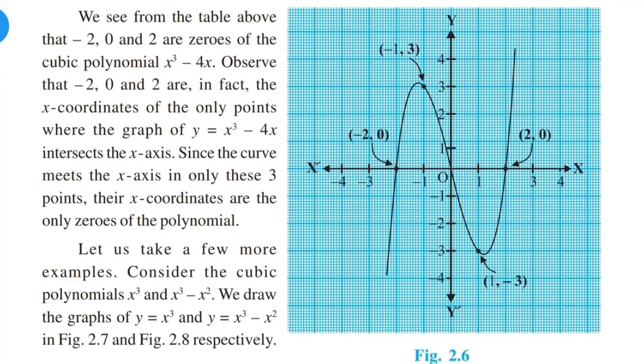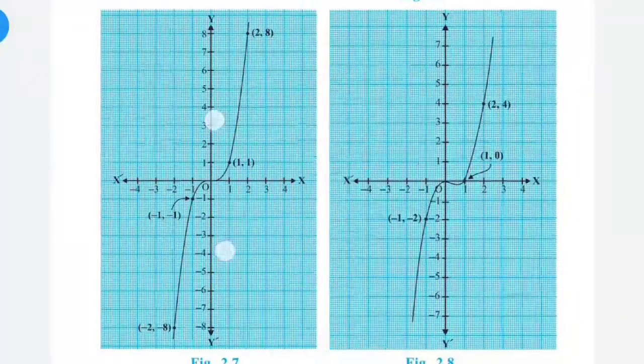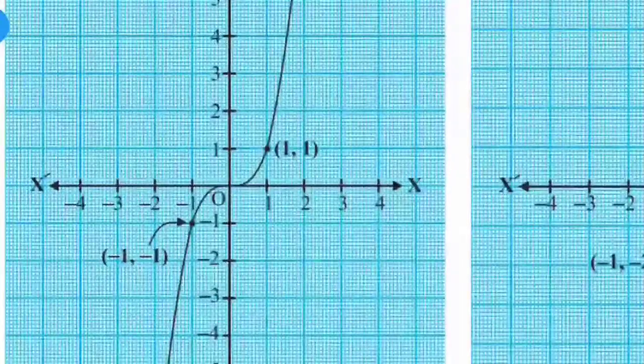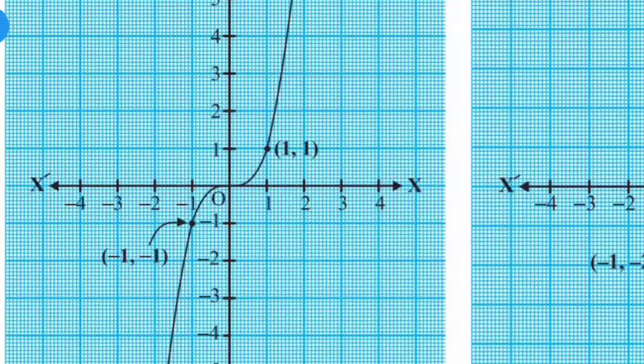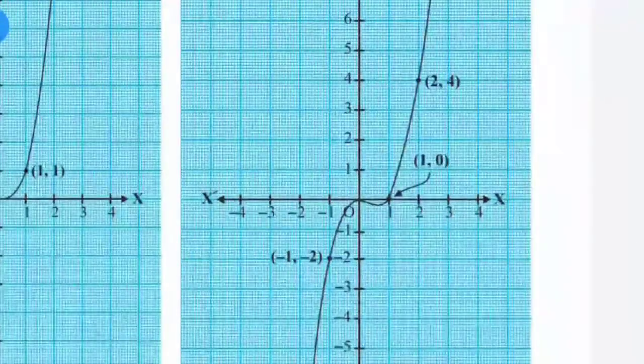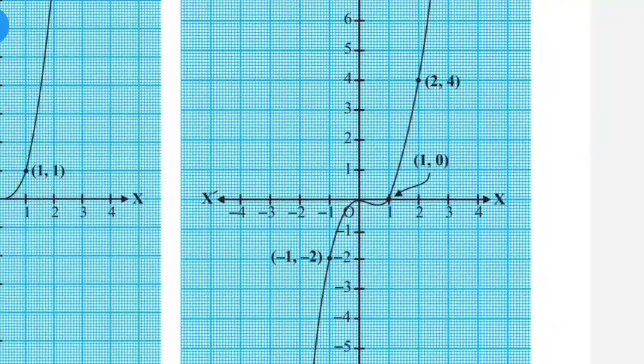The graph has 3 intersecting points, so it has 3 zeros. In second case, here in first one, the graph intersects the x-axis at only one point, so it has only 1 zero. In second case, this graph intersects the x-axis at 2 points. So here the cubic polynomial has 2 zeros.